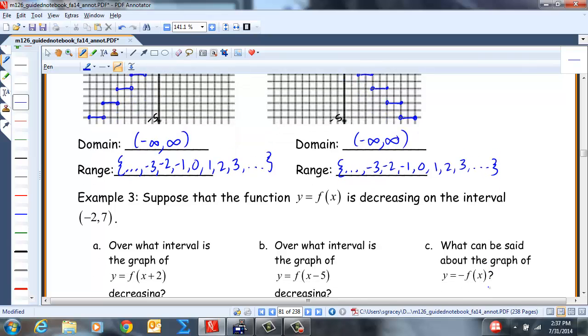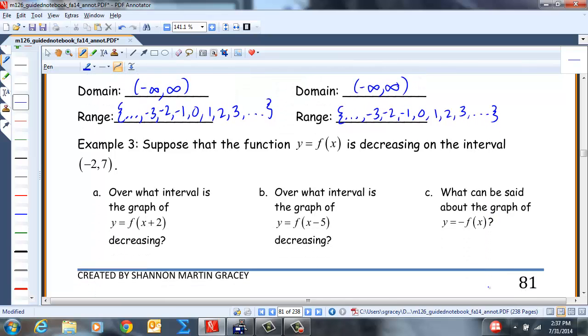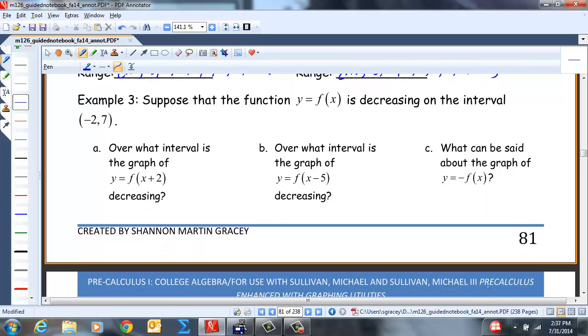Okay, so now another kind of deep thinker question. Suppose that the function y equals f at x is decreasing on the interval from -2 to 7. So over what interval is the graph of f at x plus 2 decreasing? So when you're adding 2 within the function, it's a shift of 2 to the left.